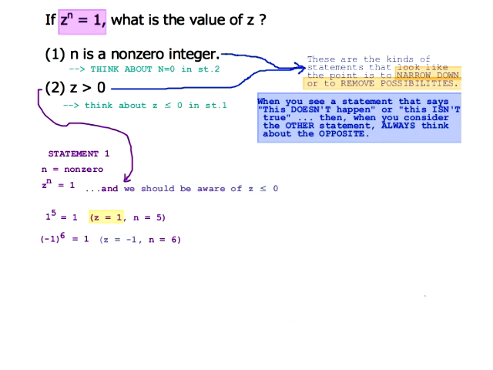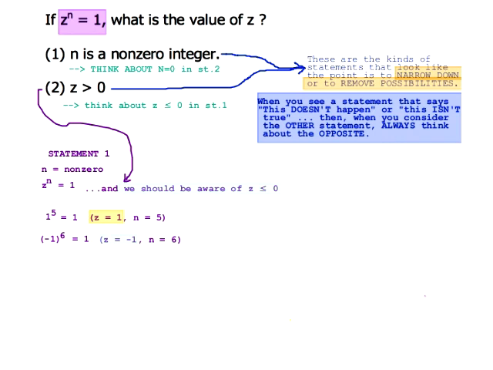Okay. So what they're doing with statement 2 is they're ruling out that. That's basically the point. The point of statement 2 is very specifically to rule out that. Because statement 1 is not sufficient because you have 2 values of z.